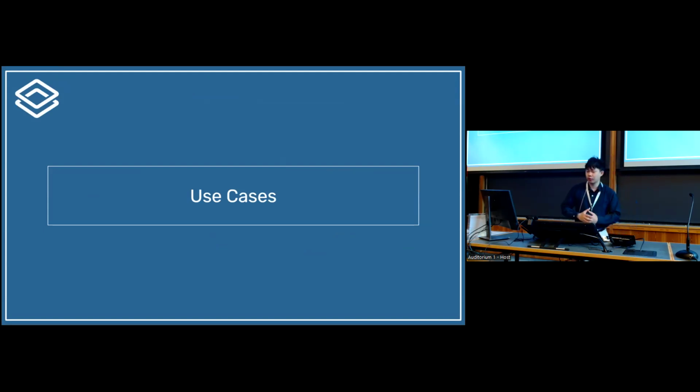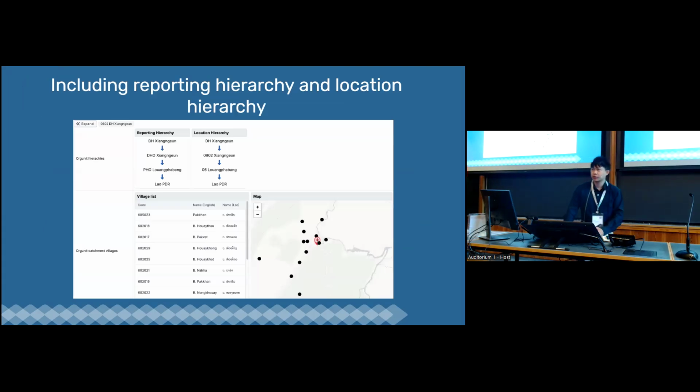So let's look at how the org unit profile is used in practice. This app contains the reporting hierarchy and the location of the facility. I just picked one of the district hospitals that we have in Laos. As you can see on the top, you can see the reporting hierarchy.